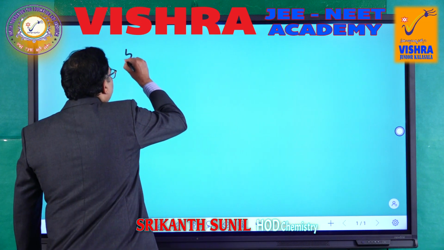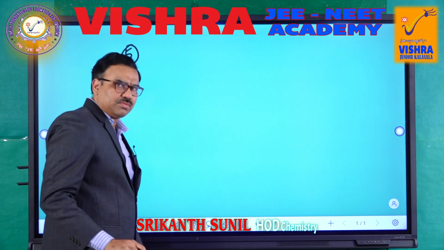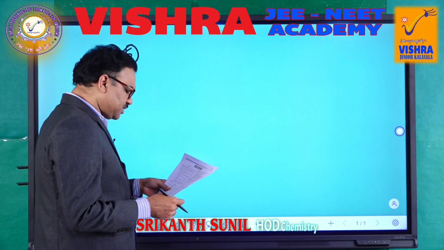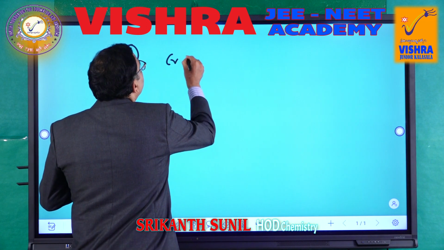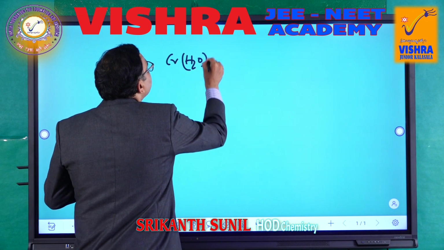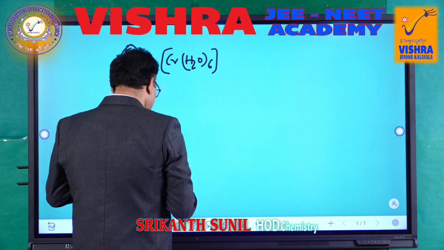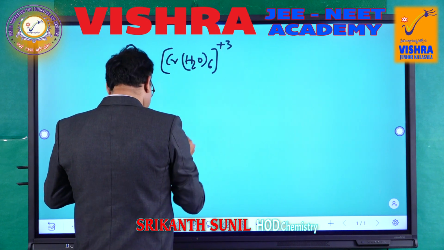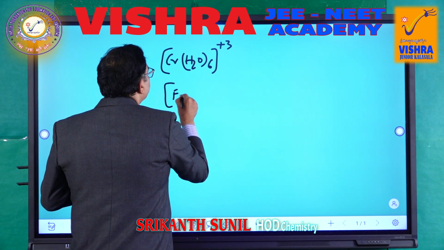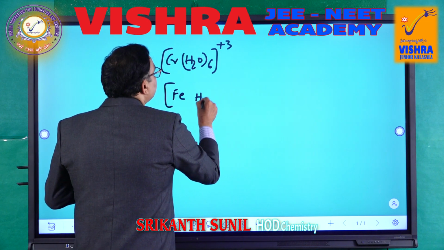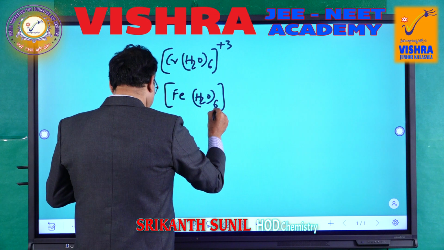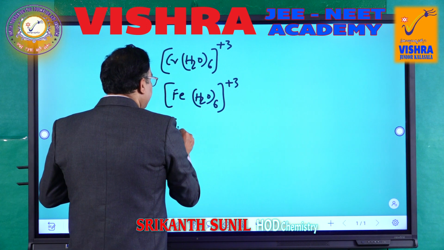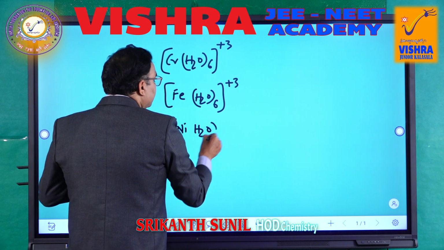Now let us go to question number 5. We have to match the following. Chromium hexaaqua compound with a +3 charge, another compound iron with H2O taken 6 times, also with a +3 charge, and nickel with H2O 6 times.